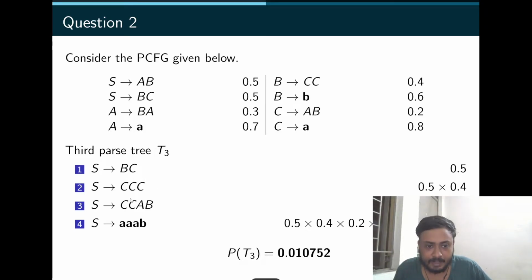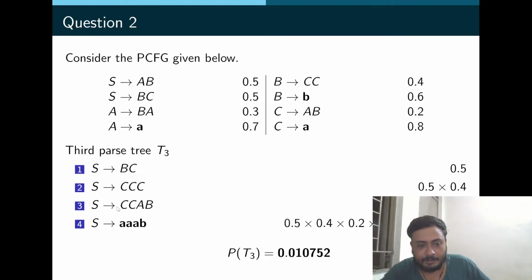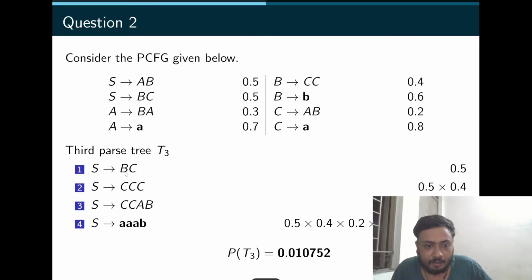After that, we get these three options. You can do C gives AB first and then B gives CC.